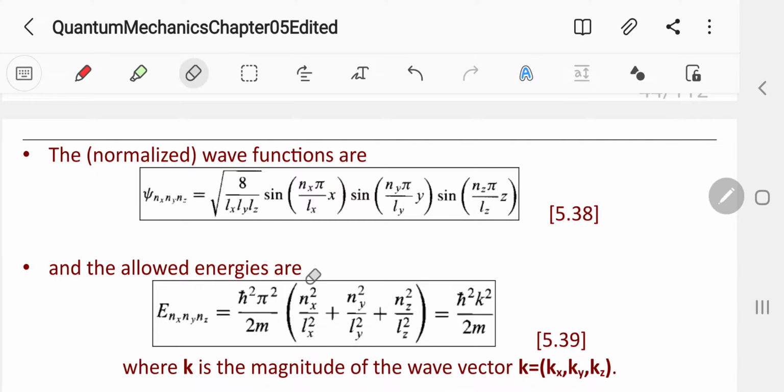for each particle in an infinite square well, you have h bar square pi square n square over 2m times the width of the well. So in this case, for the solid, you have En to be h bar square pi square over 2m times the sum of nx square over lx square plus ny square over ly square plus nz square over lz square.